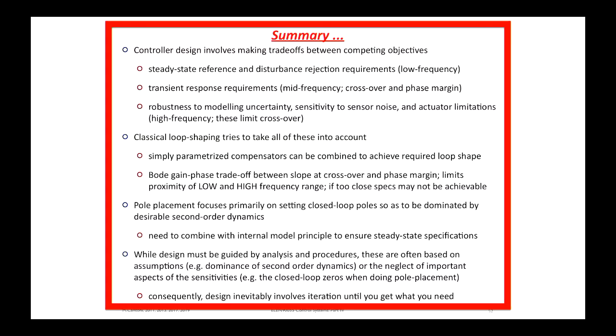Which is not hard to do because the open loop transfer function lambda is just the product of the plant transfer function and C. I think that's the best way to think about control system design.